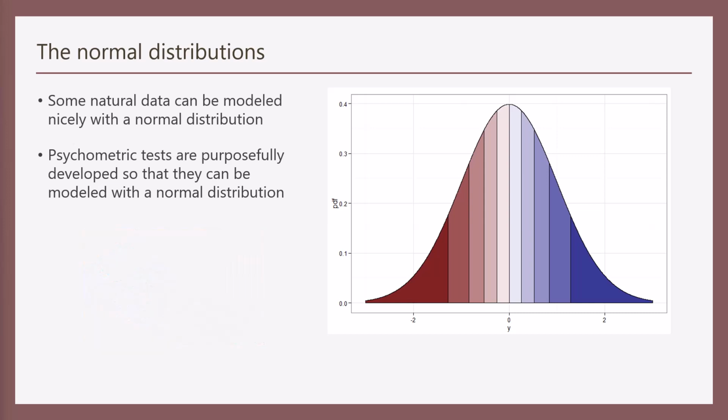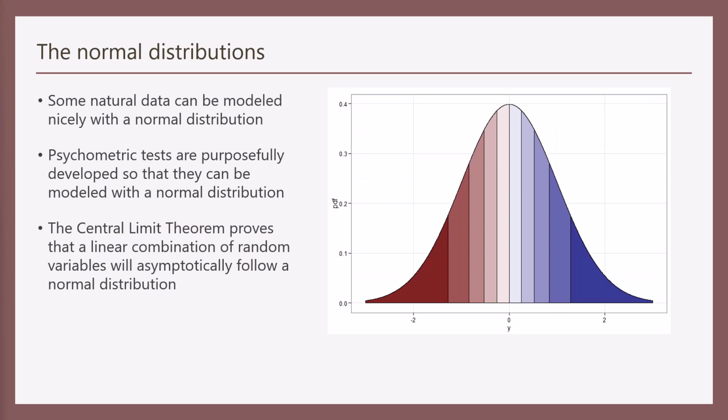Yet far and away the most important reason the normal distribution is used as a model is because of the central limit theorem. The central limit theorem states that a linear combination of random variables will asymptotically follow a normal distribution, and it's a theorem that's been proved. So what does that mean? A linear combination means adding things up. Take the mean. How do we find the mean?